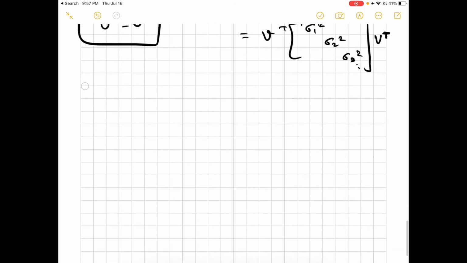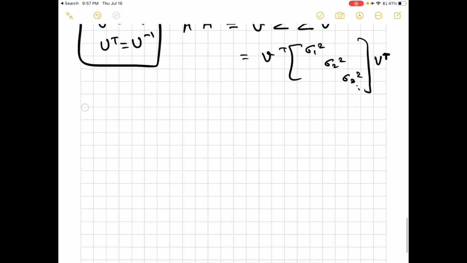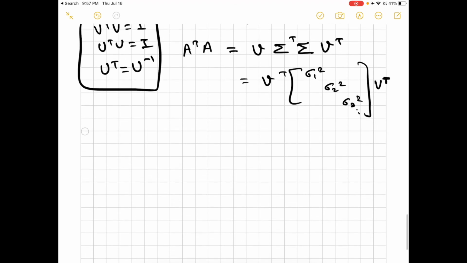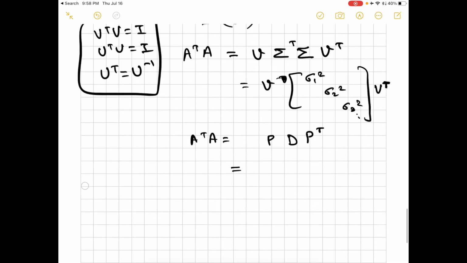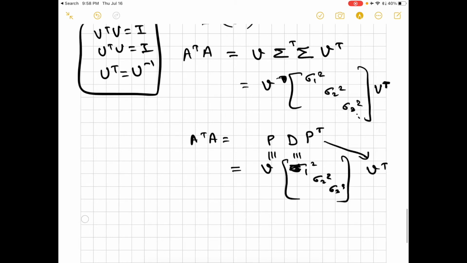Now, if we look at this carefully, we will see that if we compare this with the form P D P transpose, we can easily write P as equivalent to V, D as equivalent to our sigma 1, sigma 2, sigma 3, and so on squared, and P transpose as equivalent to V transpose.